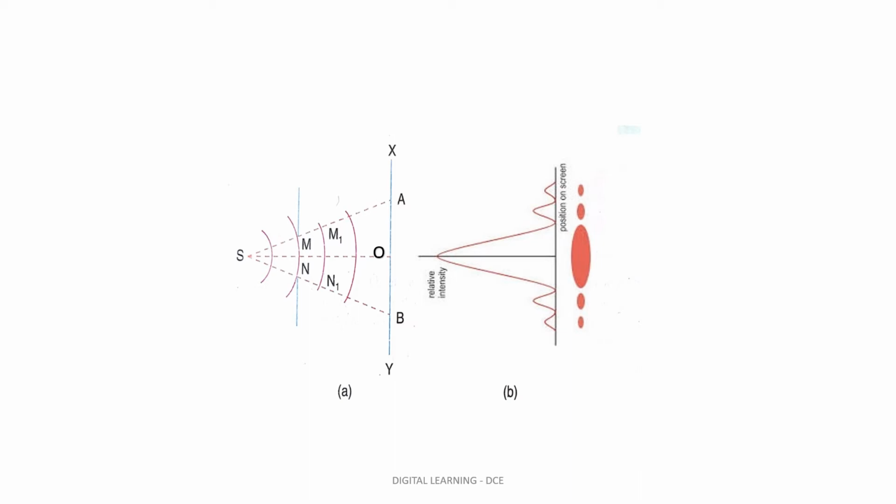But we observe alternate dark and bright bands instead of complete brightness of decreasing intensity. In the shadow region, we don't observe complete darkness, but the illumination from the brighter region encroaches into the shadow region.